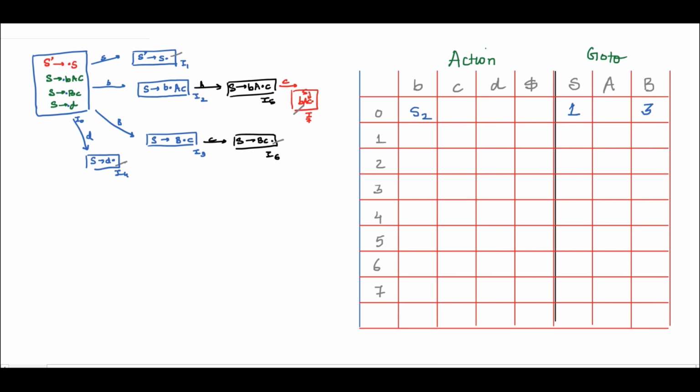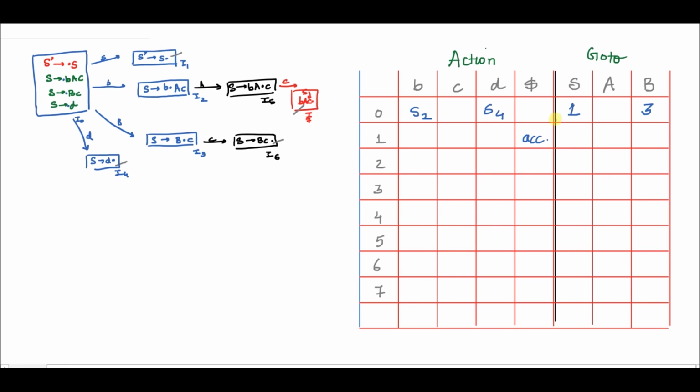And also I0 on small d takes me to I4, so I'll write it down as S4. Now I1 is the final state, and it also contains the augmented production, which completes my original grammar. So I can put an accepting sign in the dollar symbol.